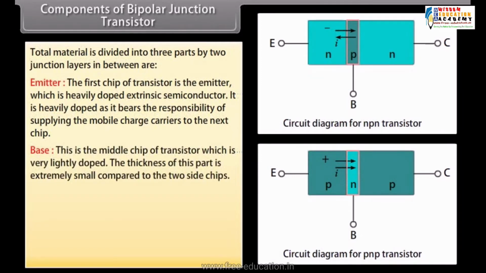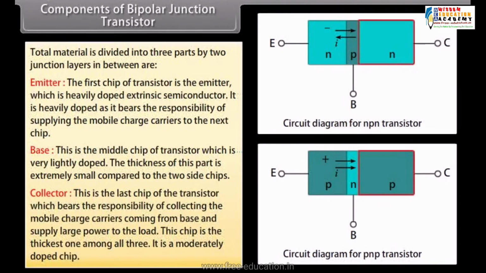Base: this is the middle chip of the transistor, which is very lightly doped. The thickness of this part is extremely small compared to the two side chips. Collector: this is the last chip of the transistor, which bears the responsibility of collecting the mobile charge carriers coming from the base and supplying large power to the load. This chip is the thickest of all three. It is a moderately doped chip.